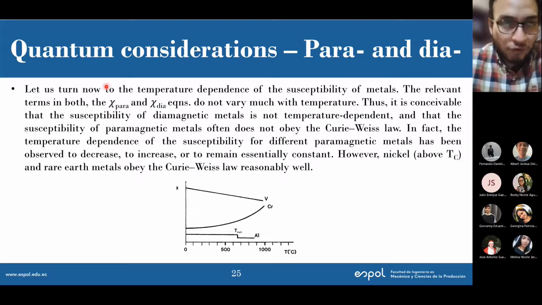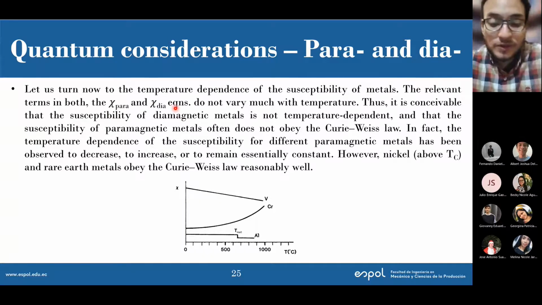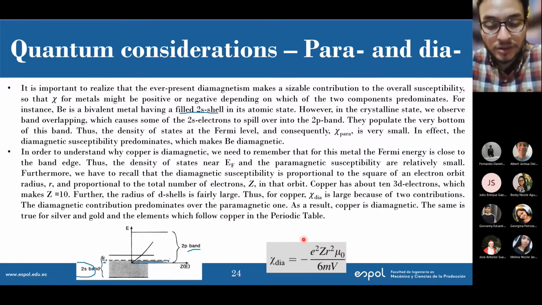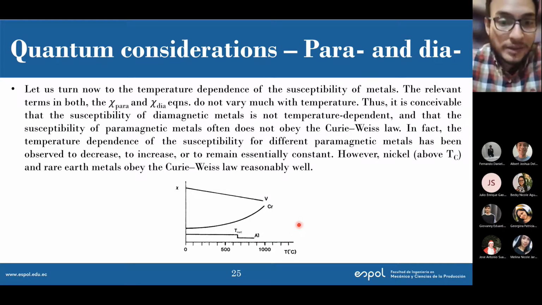So for the paramagnetic susceptibility or the diamagnetic susceptibility in metals, we see that they do not really change with temperature, right? There's not really a dependence on temperature. And that is why you can safely argue that the susceptibility of diamagnetic metals and materials in general, but especially metals, doesn't change with temperature.